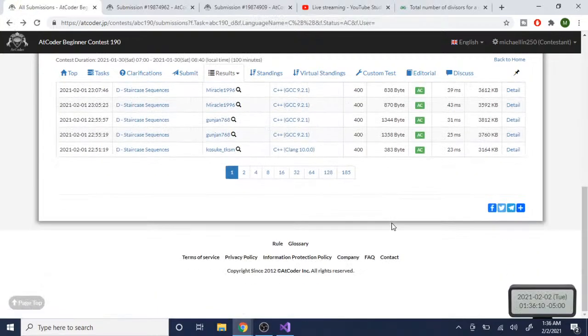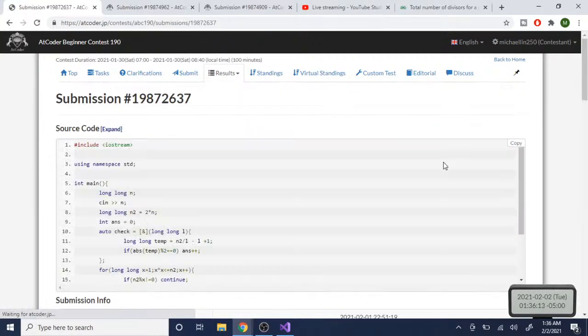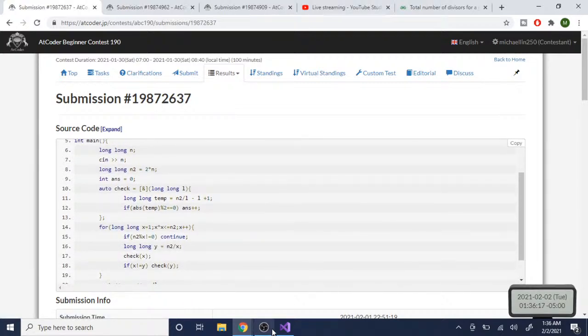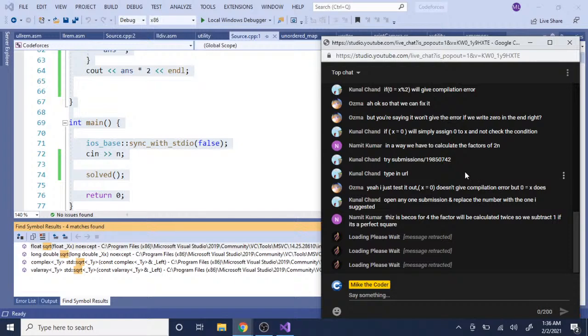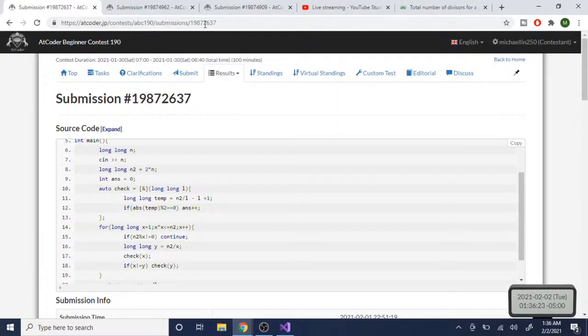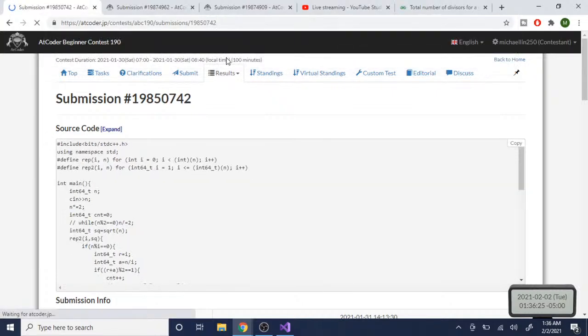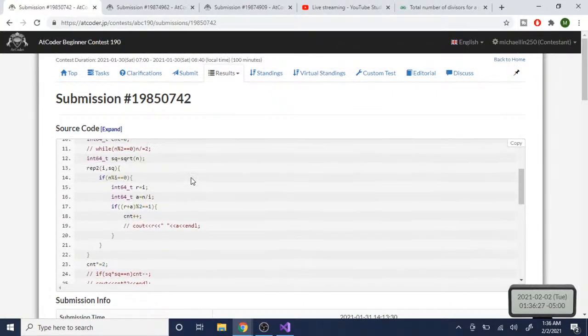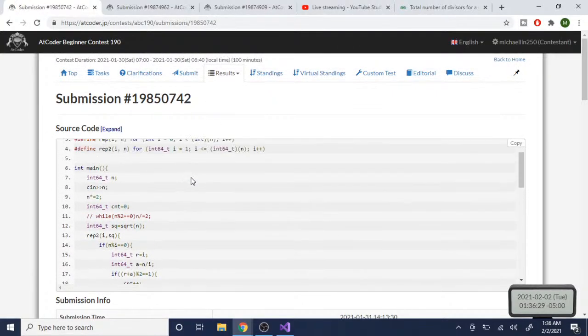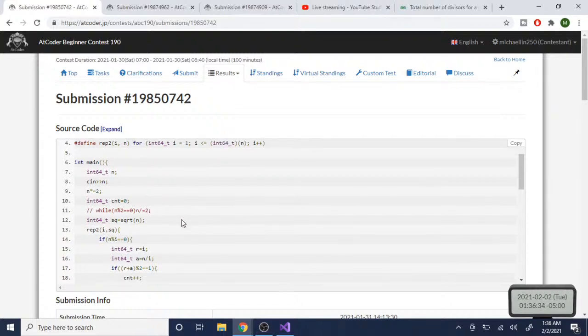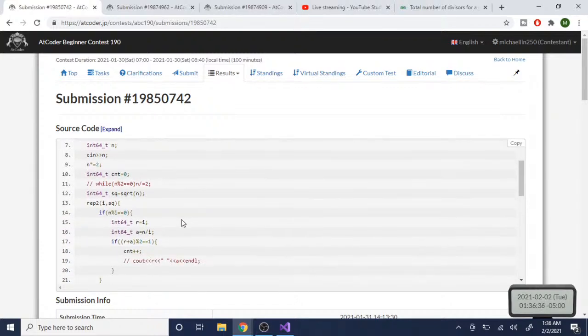Okay, a 129 submission. Oh, wait. Okay, I'll look at your submission. Try submission this. Find the square root of n, repeat 2.